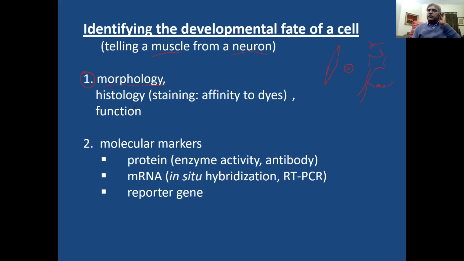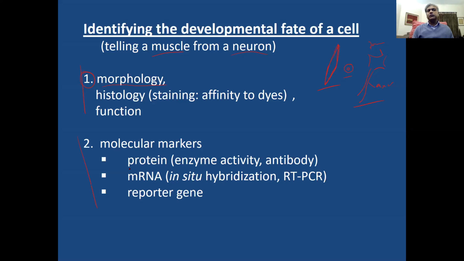And we can do some histological stainings, and these will make the morphology more clear. And we can correlate, yes, this morphology is of a muscle cell and this is a neuron. However, in the 21st century, while studying developmental biology, we focus on molecular markers.